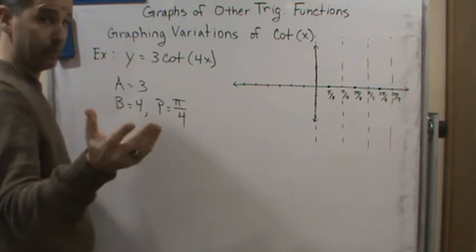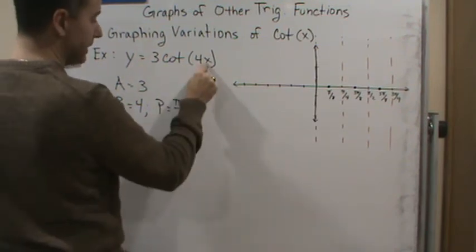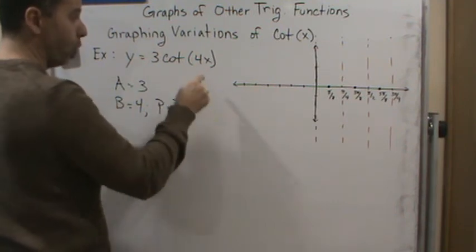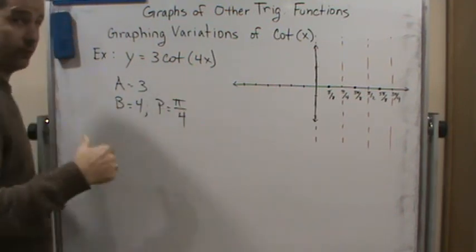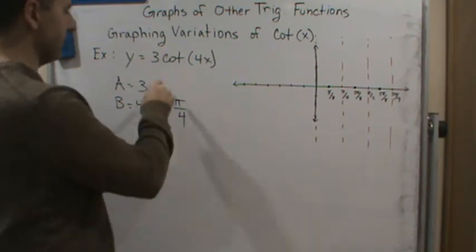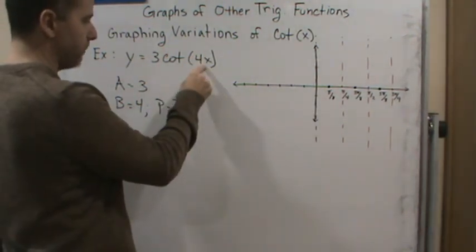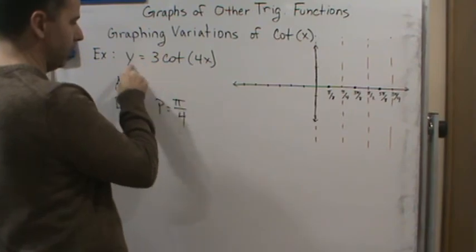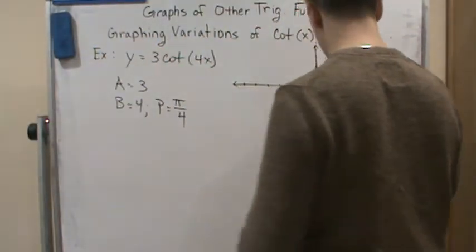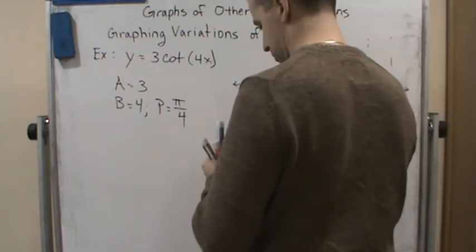There's a reason why I put in pi over 16, because pi over 16 will give me pi over 4. And so what is the cotangent of pi over 4? Well, it's a 45 degree angle, which gives me 1. So that means when this is pi over 16, I'm going to get y equals 3. So it gives me an easy point to plot.